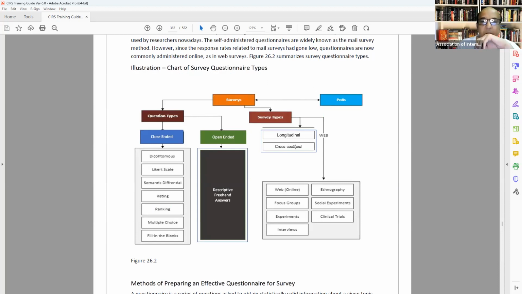Again, there is longitudinal and cross-sectional. Longitudinal is the same concept that we talked about earlier. Longitudinal surveys is like one-time answer for something. Cross-sectional, it just goes from one period to another.